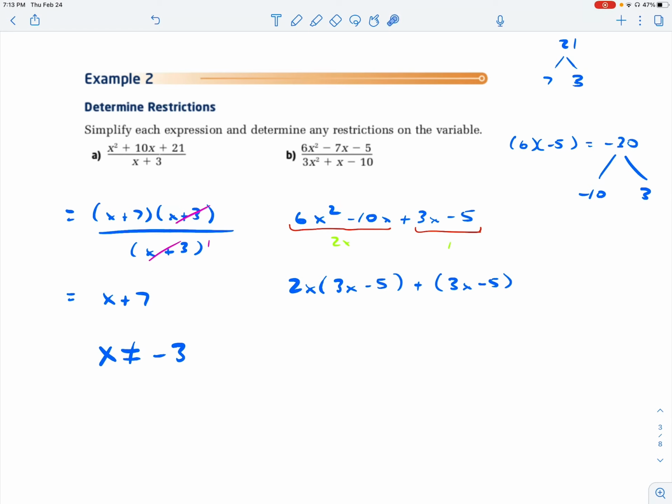So this next part here is, again, common factoring. So I can see what's common in this term and this term. The 3x minus 5 is common from both. So I'm going to factor that out. I would have 3x minus 5 times this here, 2x, and then times the coefficient there, which is just a positive 1. Okay.